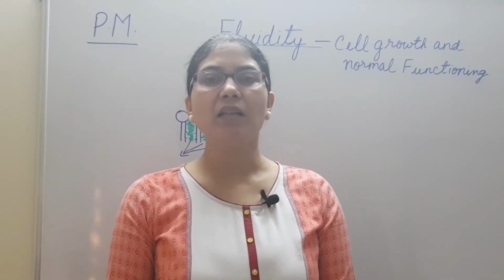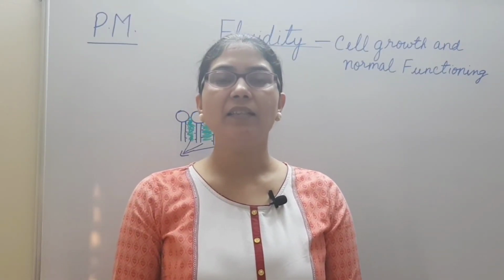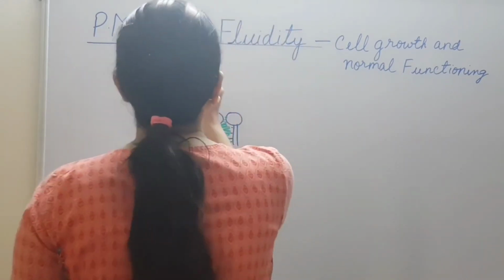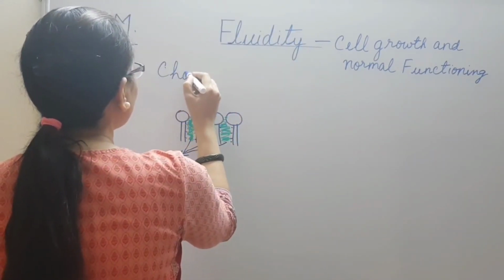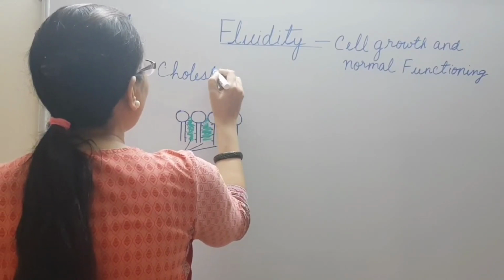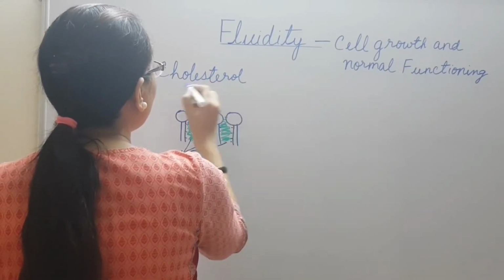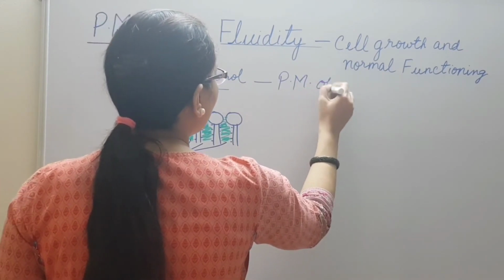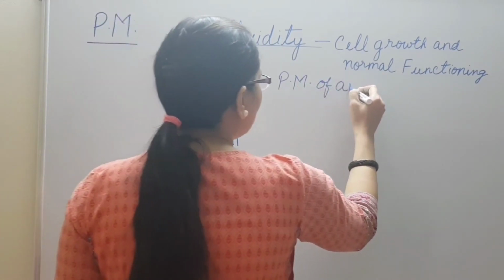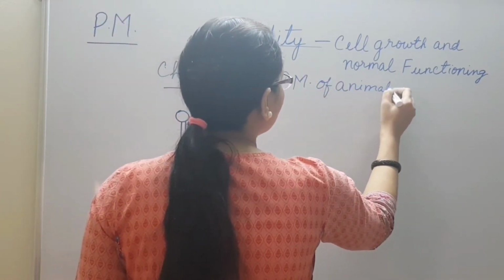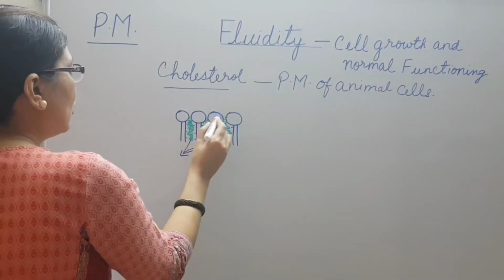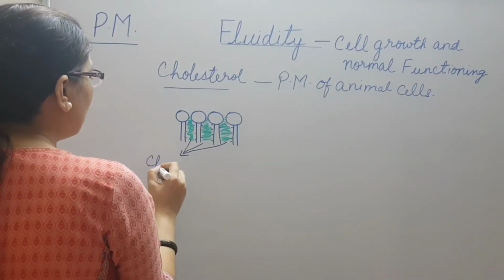Cholesterol is present in the plasma membrane of animal cells and it affects the fluidity of the membrane. This is a phospholipid molecule and these are cholesterols.